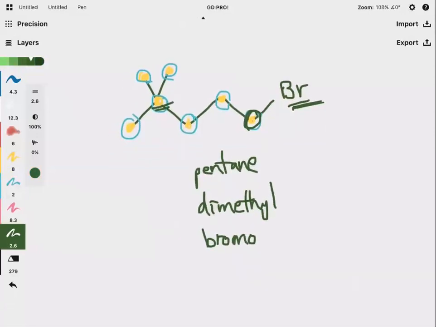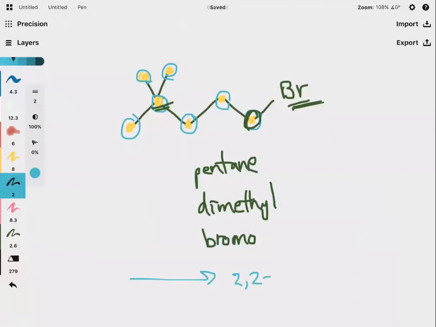So we were able to identify the longest chain as our first rule. The second rule is to identify the proper numbering sequence. And that really is the most important part about all of this. So if we choose to number this from left to right, the substituent groups that we end up encountering are going to be at the 2,2 position, because there's 2 methyls at 2, and carbon 5 is going to have a bromo.